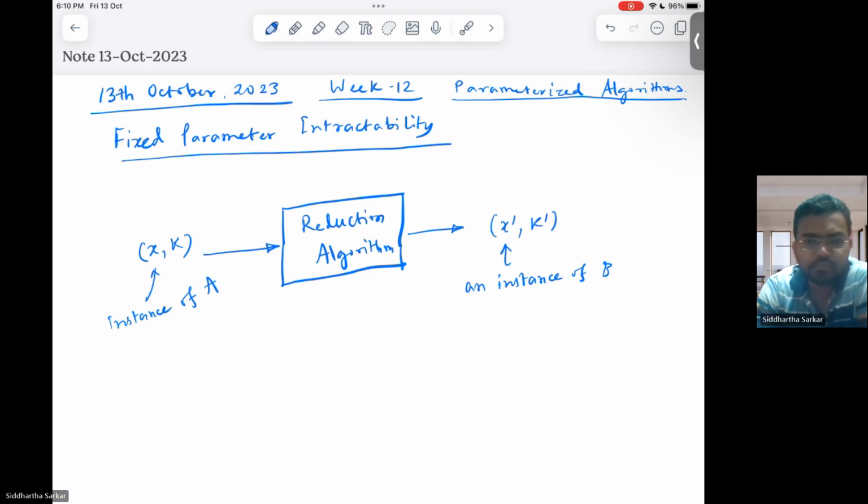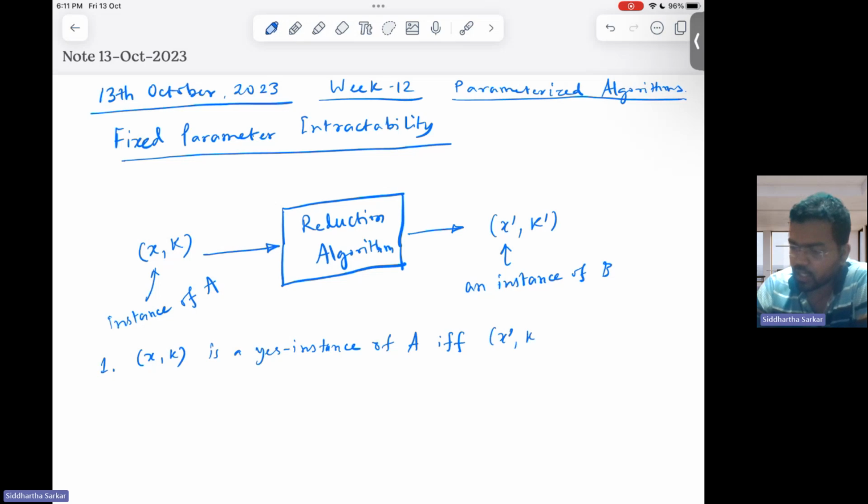Additionally, some conditions should be satisfied for the reduction to be called a parameterized reduction. First is that x comma k is a yes instance of A if and only if x dash comma k dash is a yes instance of B. So it's an if and only if statement.